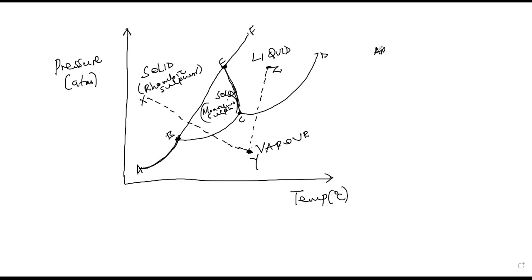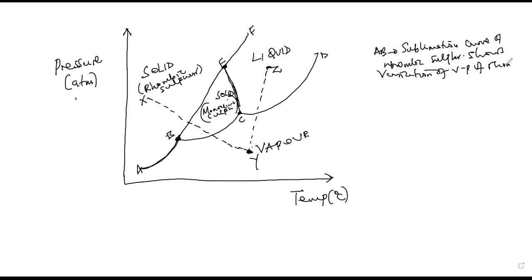That curve AB is the sublimation curve of rhombic sulfur, whereby it shows the variation of vapor pressure of rhombic sulfur with the temperature. That is curve AB.